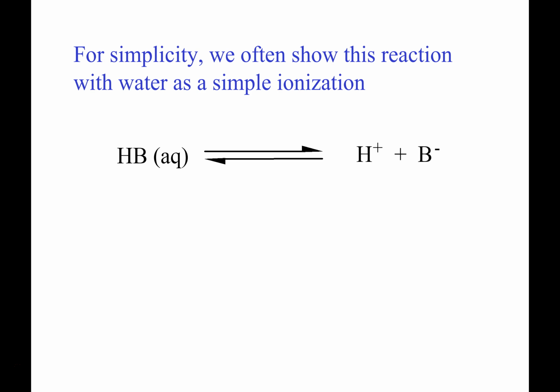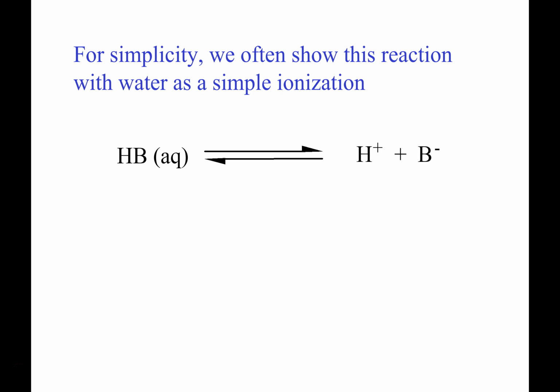Oftentimes what you just saw a minute ago is written like this instead. What's missing is the H2O molecule to pick up the H plus. I read recently, maybe in my notes getting ready for today, or in a different textbook, that your H plus is very reactive, so you're probably not going to have an H plus running around in there, the proton.